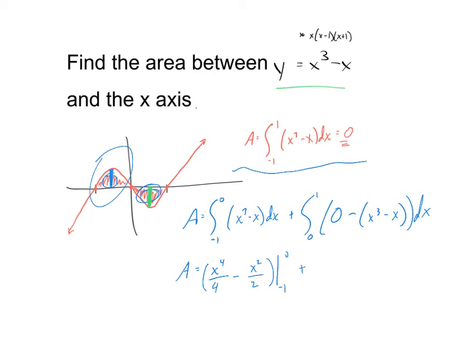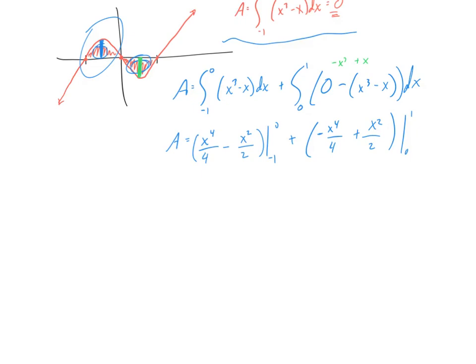And we add to that, when this all simplifies, 0 minus all that, you have a negative x cubed and a positive x. So when we take that antiderivative, it becomes negative x to the 4th over 4, plus x squared over 2. And that gets evaluated from 0 up to 1. Check this one in your calculator. I would use that for all of the substitution, especially if you struggle with the details there.